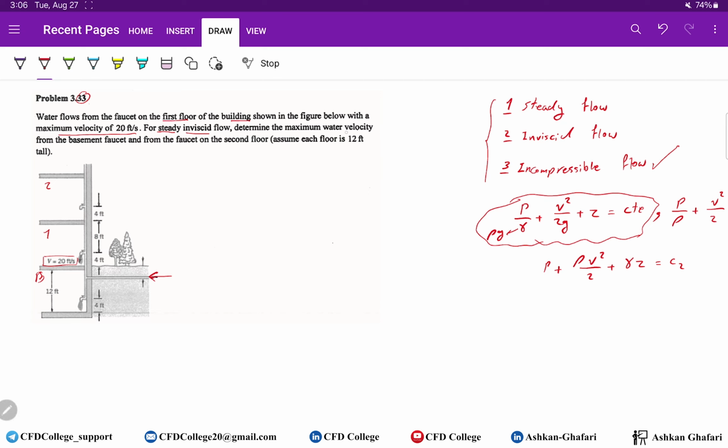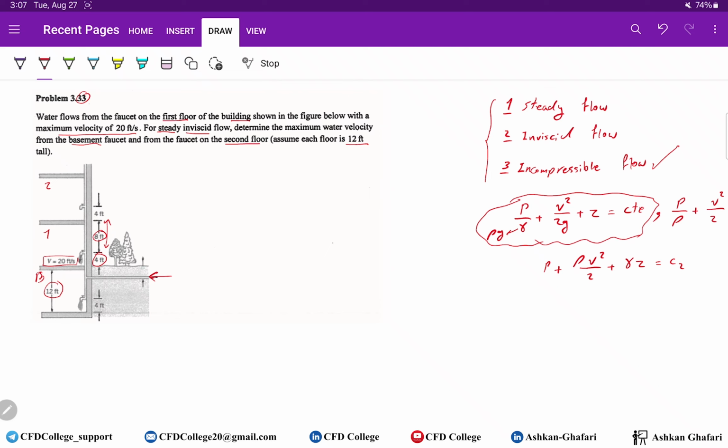Determine the maximum water velocity from the basement faucet and from the faucet on the second floor. Assume each floor is 12 feet tall. So here is 12 feet, and we know here is 4 feet, so this height should be 8 feet.